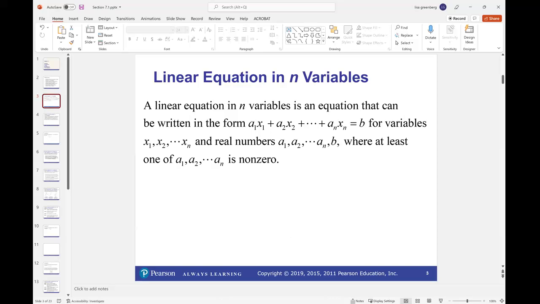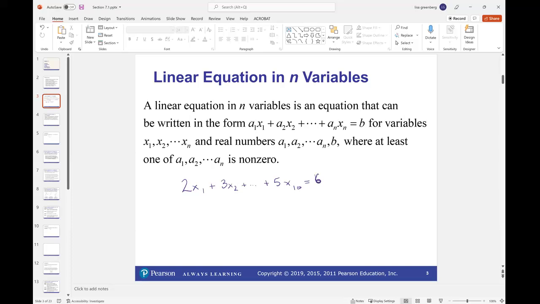What that means is that this could be like 2x1 plus 3x2 plus something plus 5x to the 10th, if there's 10 different x's, equals some value. That's a constant. B is a constant. So instead of B, we can say that's 6. So that would be a linear equation.